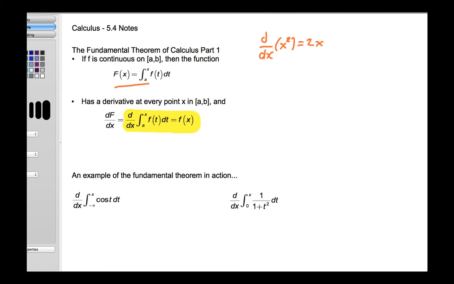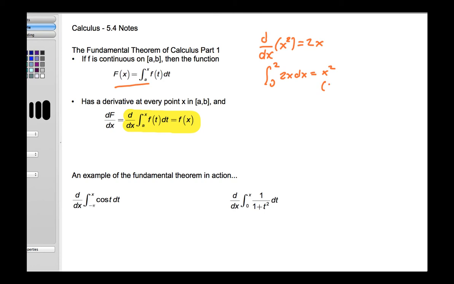If I integrate from, say, 0 to 2 of 2x dx, then I'm going to end up with x squared, and then I'm going to evaluate x squared from my stop minus my start.